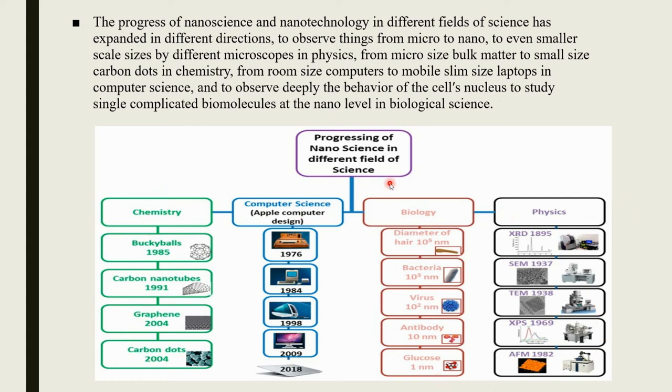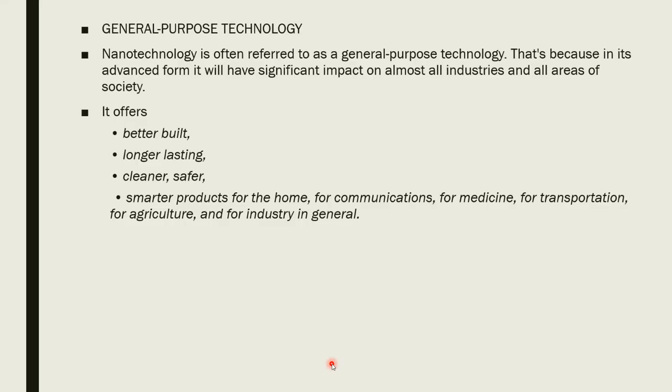All these fields, like physics, chemistry, biology, and computer science, are moving to the nanoscale, and are examples of why nanotechnology is very important and is giving a wider picture nowadays. Research is being conducted in this area. It is a developing and emerging field.